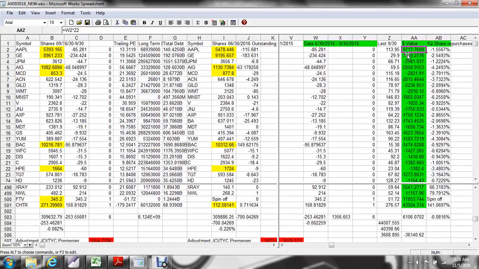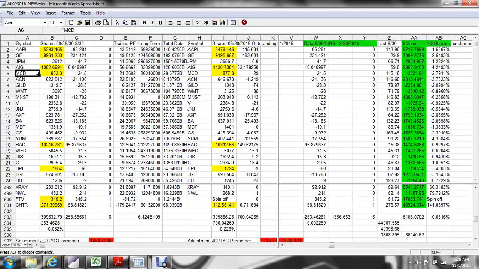Now GE spent $8 billion, and the actual share reduction only shows up as $7 billion. Now, you notice the next two weren't in the top five.